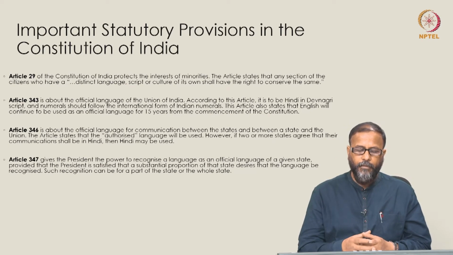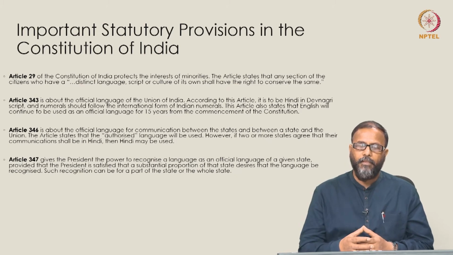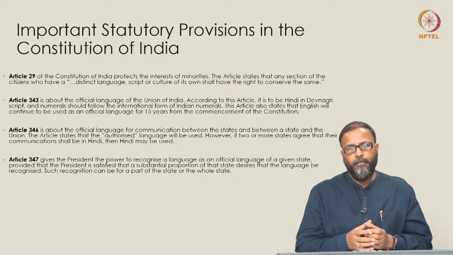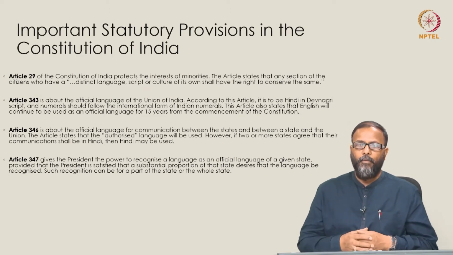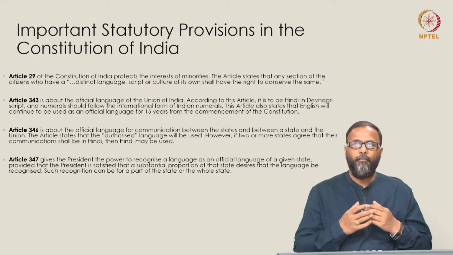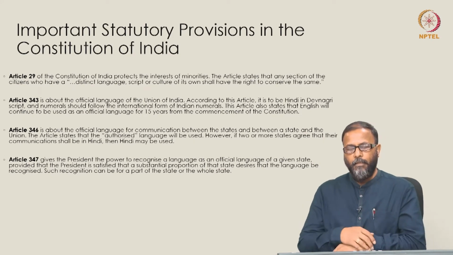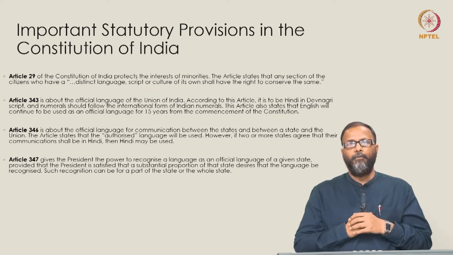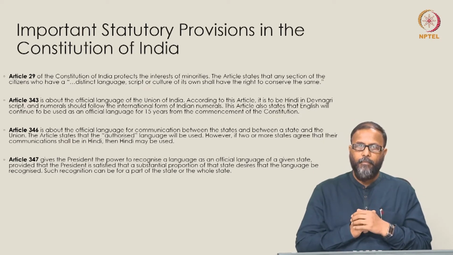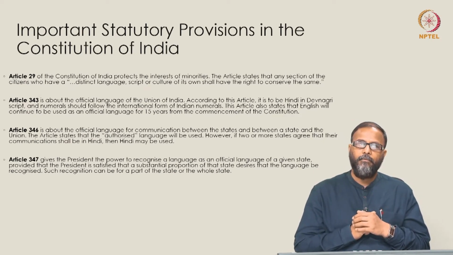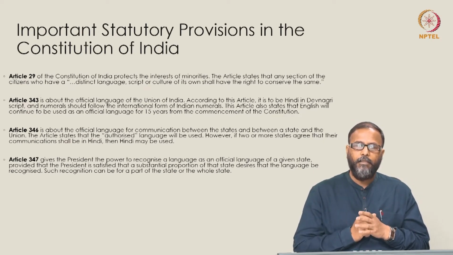of the Constitution of India protects the interest of the minorities. So even if some languages have a lesser number of speakers, or that particular class of the society has a small group of people, the Constitution of India also protects their language rights and their interests, and it refers to this in Article 29.